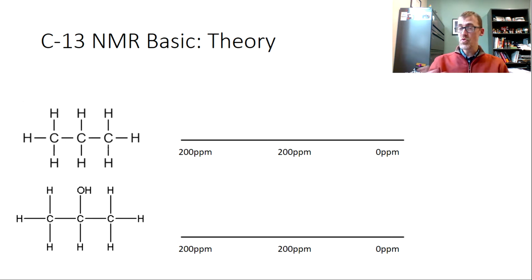Those are both even numbers, so carbon-12 is not very sensitive at all in the NMR. But the carbon-13 isotope is actually quite sensitive because of that odd number of neutrons. About 1% of carbons are carbon-13s. So there's enough of them present in organic molecules for us to do this analysis.